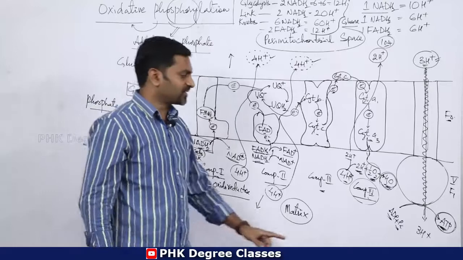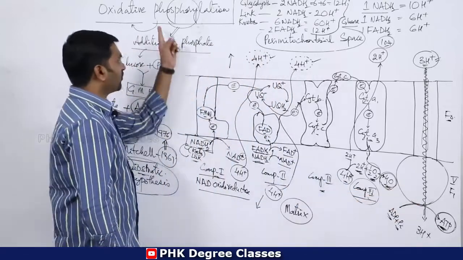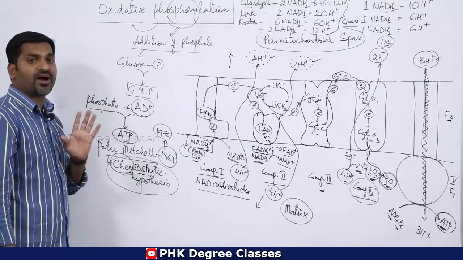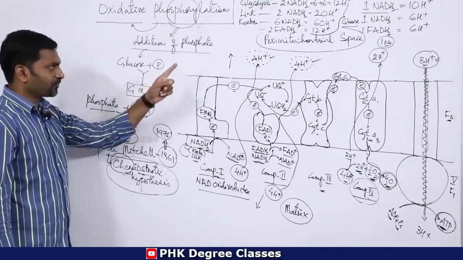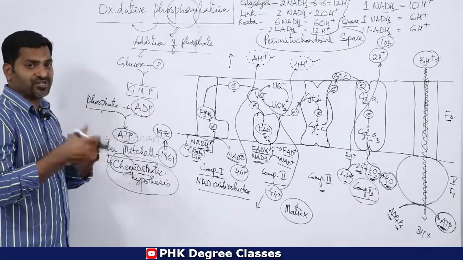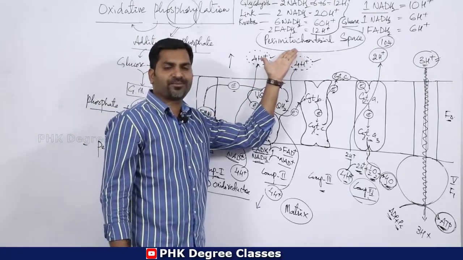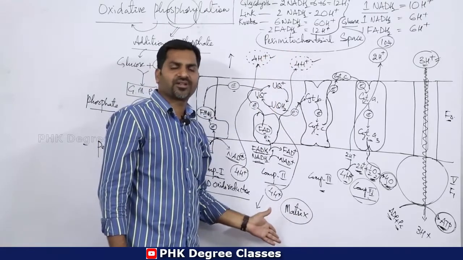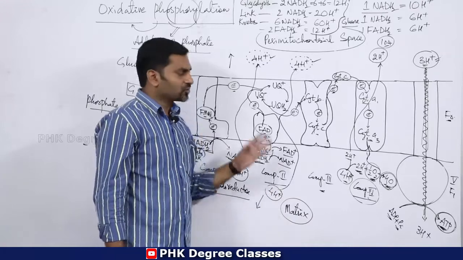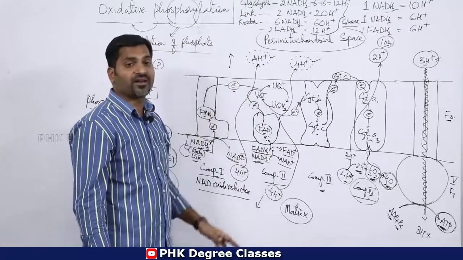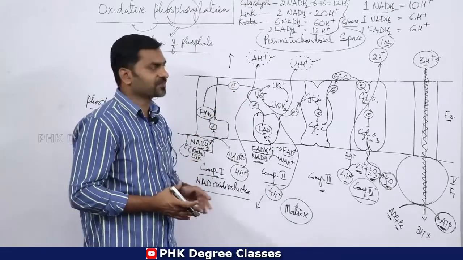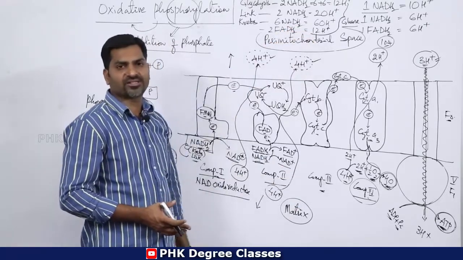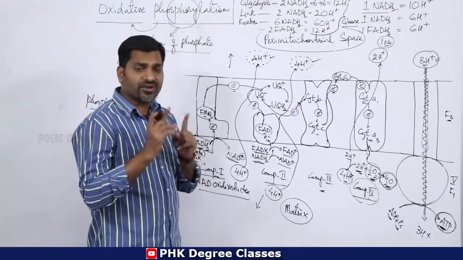This is oxidative phosphorylation according to Peter Mitchell. This is the chemiosmotic hypothesis, where chemi means protons. Higher osmotic pressure is there in the perimitochondrial space, and lower osmotic pressure is there in the matrix of the mitochondria. Due to the difference in the proton gradient, these protons move from the perimitochondrial space to the matrix.